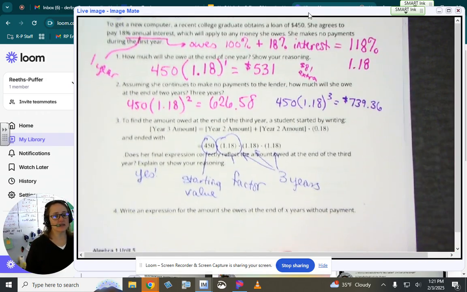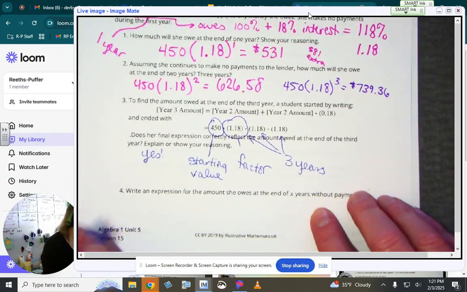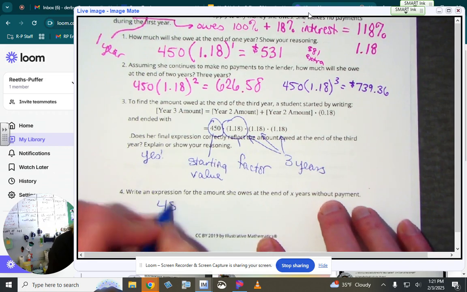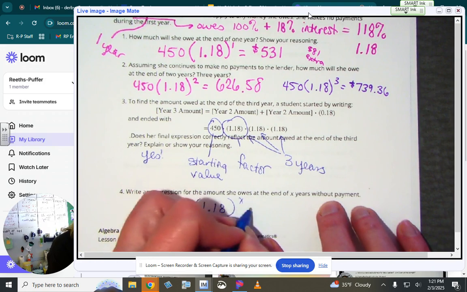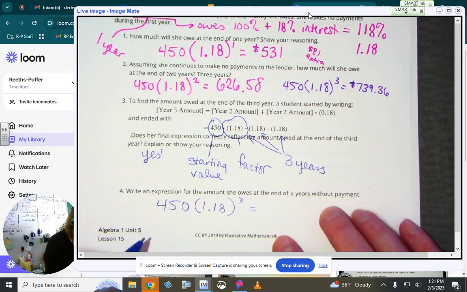So at the end of any X number of years, if she doesn't ever pay this thing off, this is how people get into credit card debt and like real trouble, is that it keeps on building and building and building.